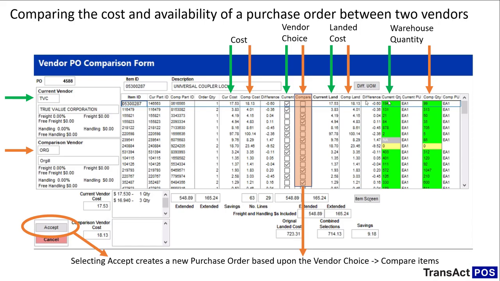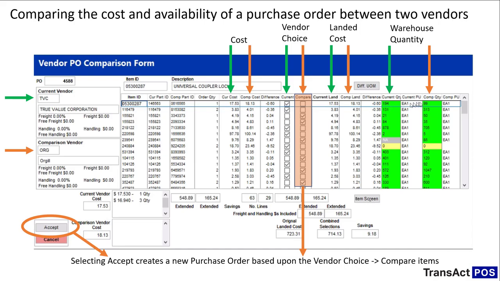So the first column is the current column, in this case, the TVC, and their current quantities. These quantities are almost a virtual real-time current on hand. I would say these are probably within the hour as far as the current on hands for each location.